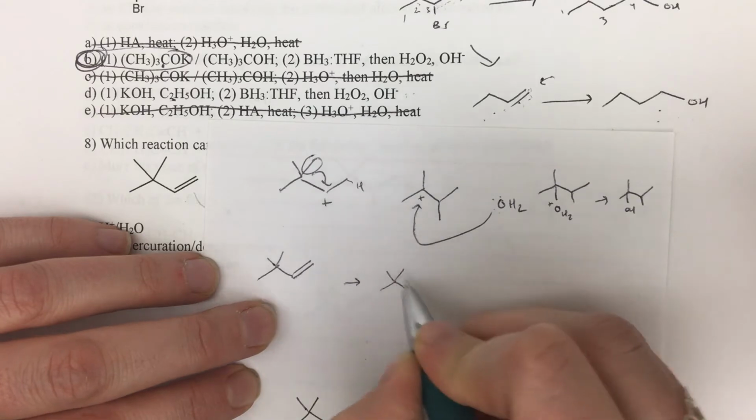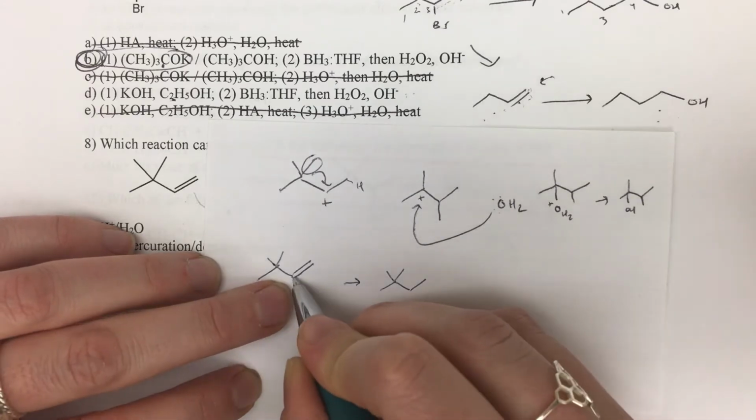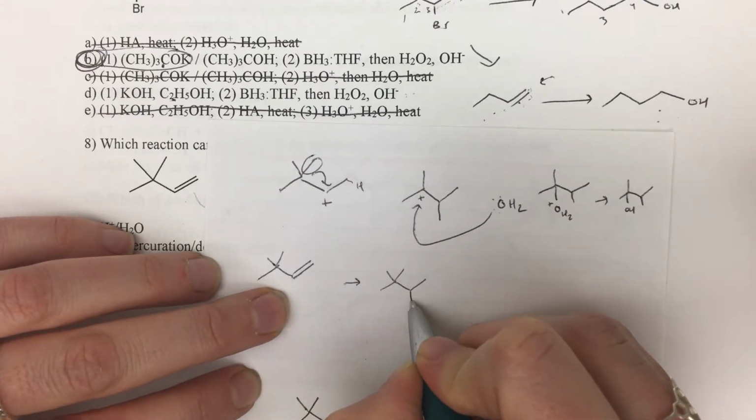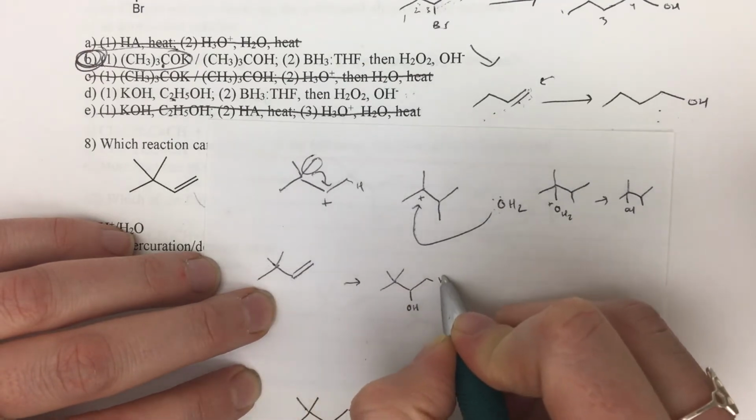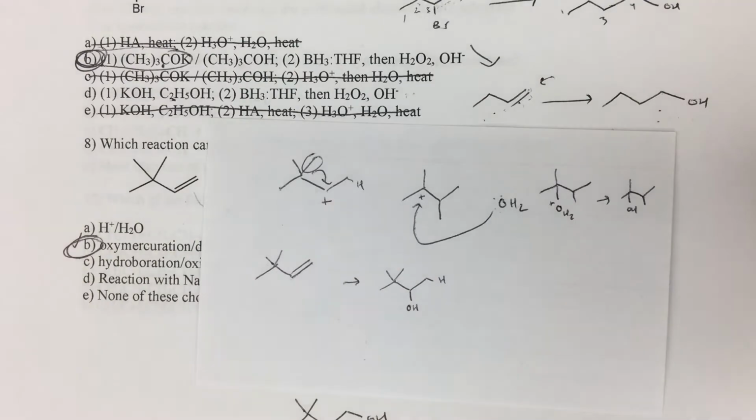So instead of getting the rearranged product, you're just going to have it add straight across the double bond. So you get your alcohol on the more substituted side, and your proton adds on the other side. And I'm not going to go through the mechanism for that because it's the more complicated one. I'm just trying to work through these practice problems. That is a review of Chapter 8, and I believe the mechanism is shown in your textbook, so you can go back and check that out.